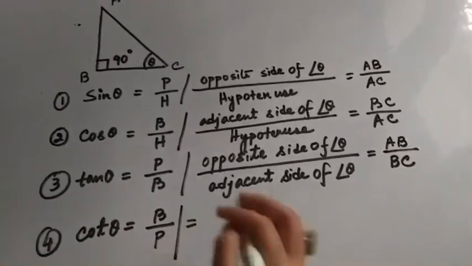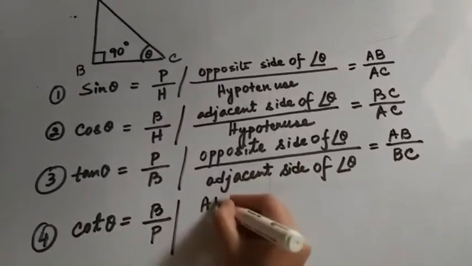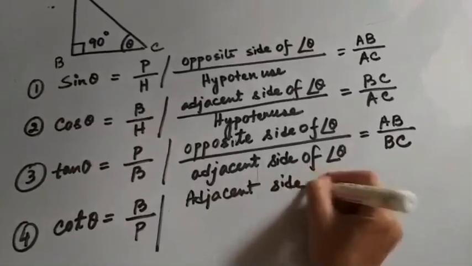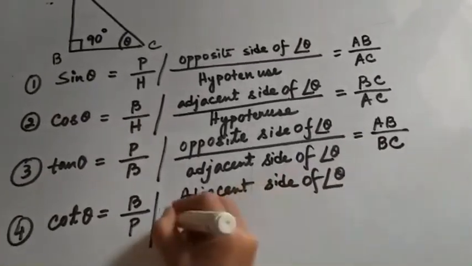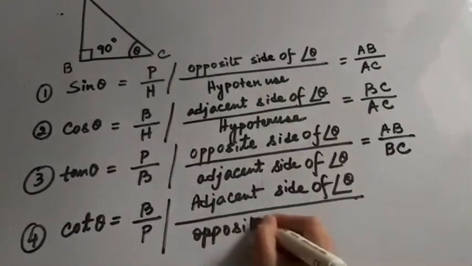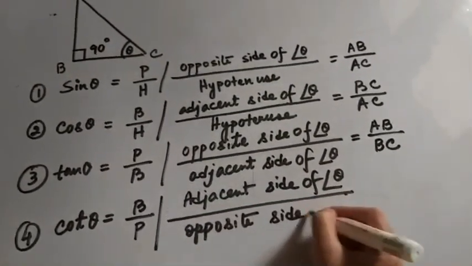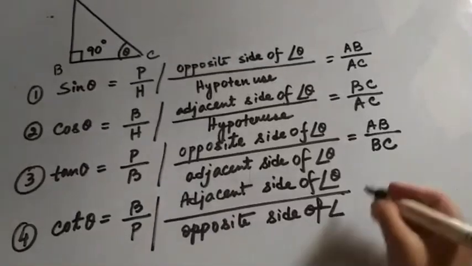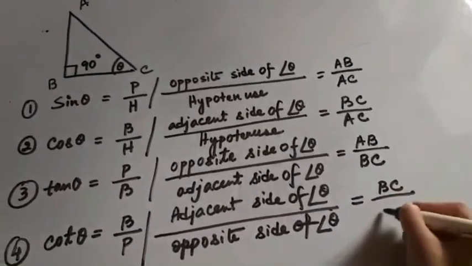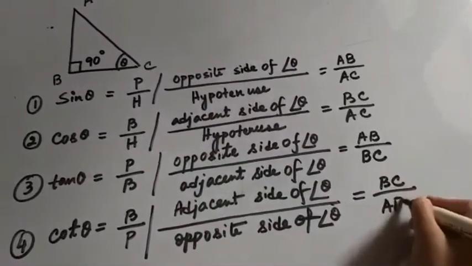That means it will be adjacent side of angle theta divided by opposite side of angle theta. That means BC by AB.